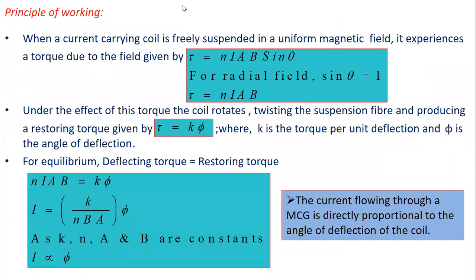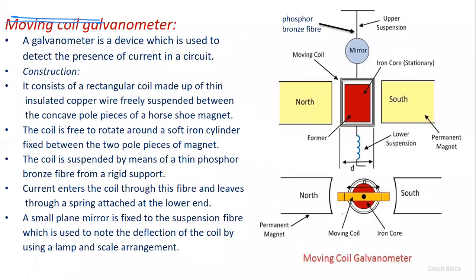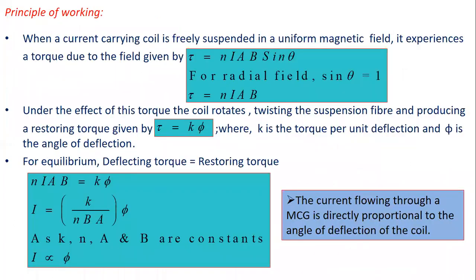After the construction, we have to see the principle of working of the moving coil galvanometer. When current is passed through this moving coil galvanometer, it experiences a torque. How much torque is experienced by the coil, we already derived in the previous article. The torque is given by the formula NIAB sin theta.